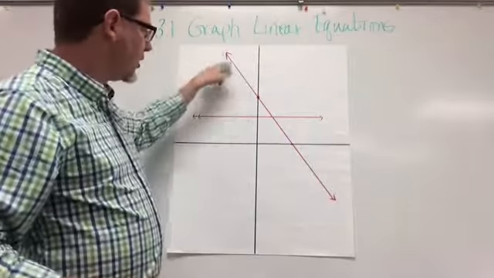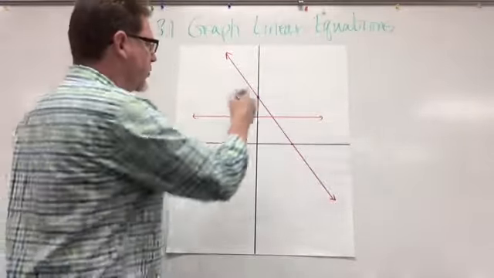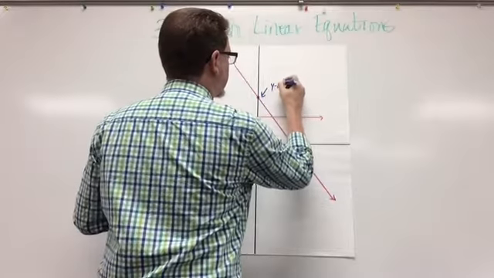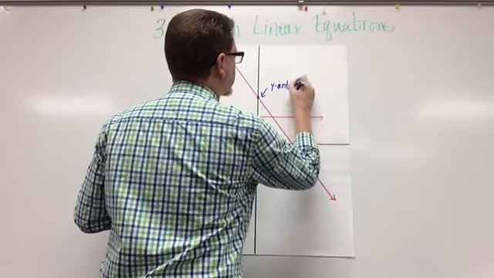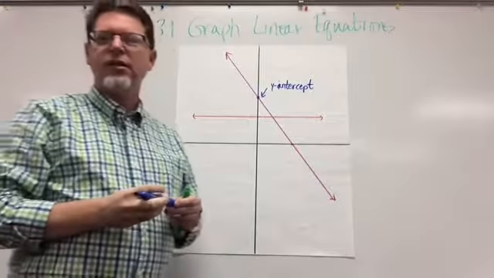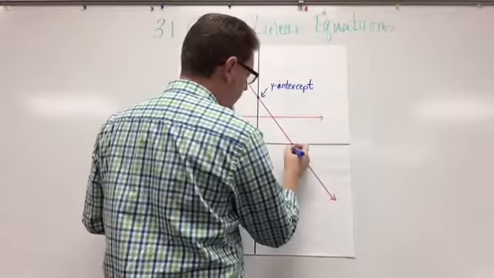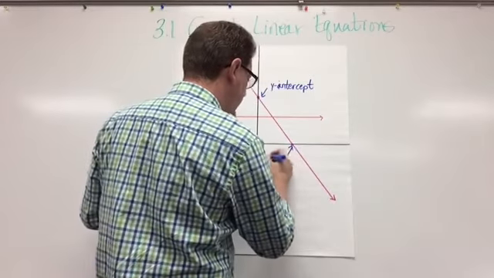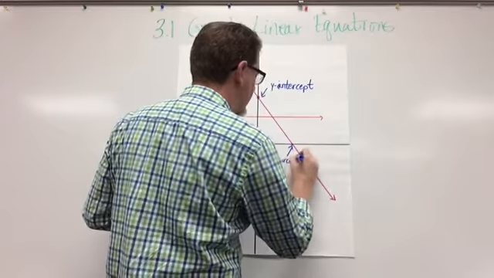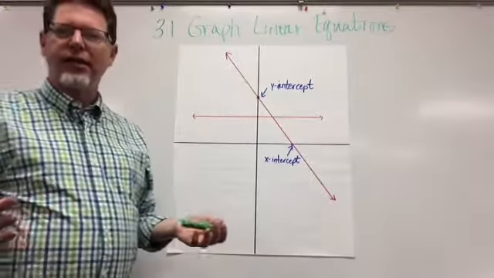And so if we're looking at the pink line, the point where it crosses right here is called the y-intercept. That's the point where that pink line crosses the y-axis. This point down here is called the x-intercept because that's where the line crosses the x-axis.